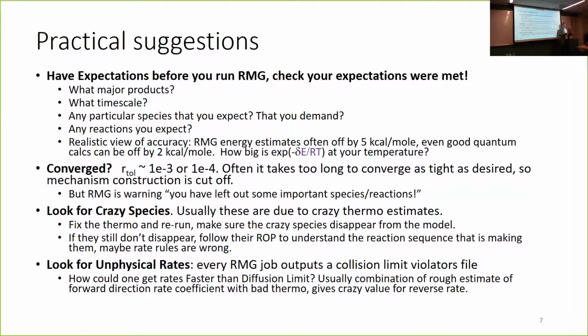RMG is building its own estimate. It doesn't know anything about your experimental data, or anybody else's experimental data. It's just trying to make an estimate of what's going to happen. So do not expect it to go through your data points, and do not get upset if it doesn't. It's never going to go through your data points. So just get that out of your head. The fact that you drew dot-to-dot puzzles in a crayon book when you were a kid has nothing to do with RMG at all.